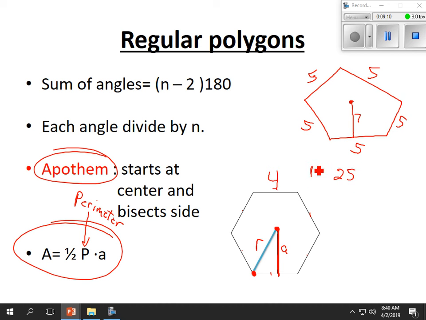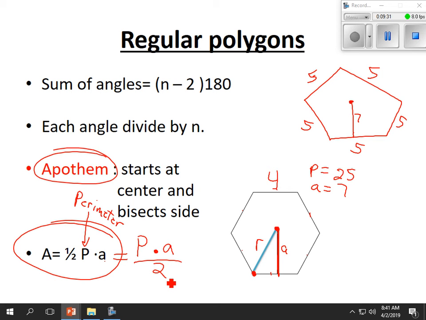That's the perimeter, and the apothem is 7, and then you just plug into this formula. Perimeter times apothem divided by 2. And again, this could be written P times A divided by 2. And that's going to give you the area of that.